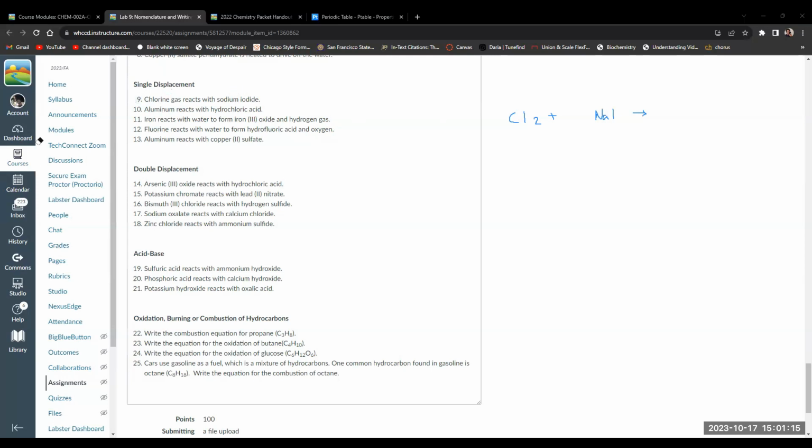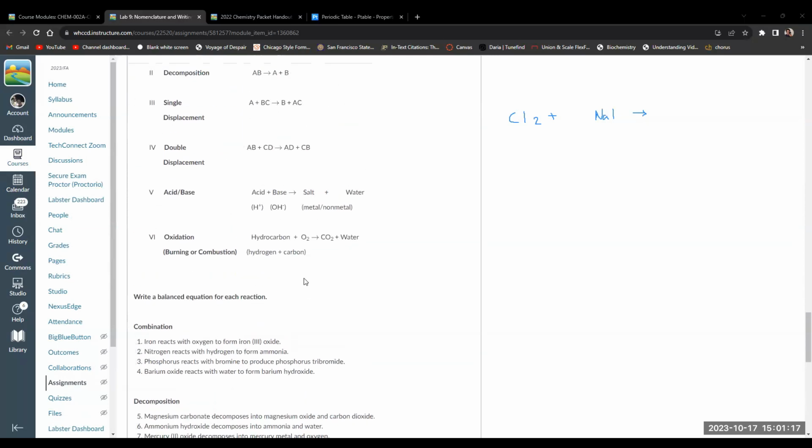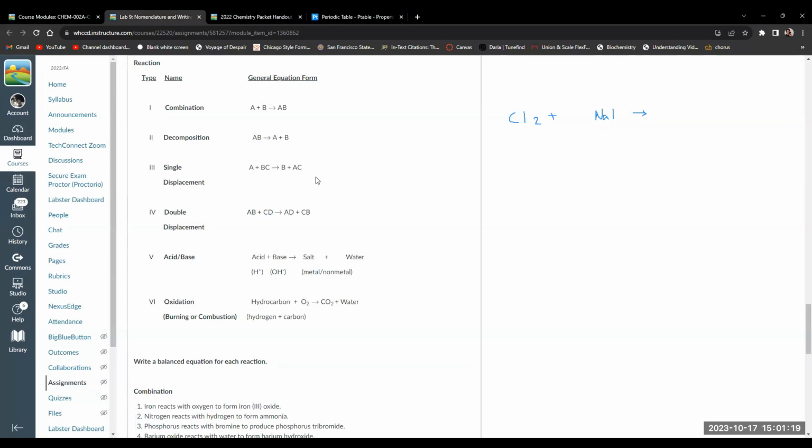So remember, single displacement means that we're switching one partner for another. Remember how the B and A switch? Same concept here. Now we're working with elements.